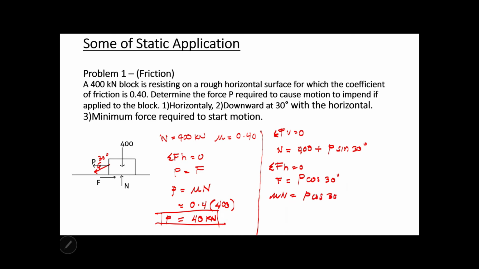But mu is given 0.4. N natin is sa taas 400 plus P sine of 30 degrees equals P cosine of 30 degrees. So we can solve P. Again, P is 240.23 kilonewton. Yun yung answer sa number 2.